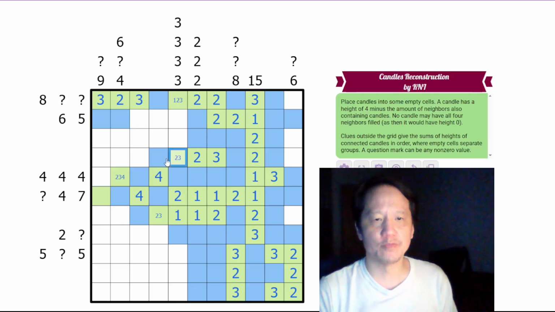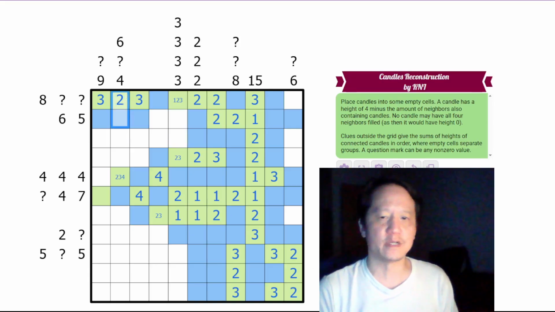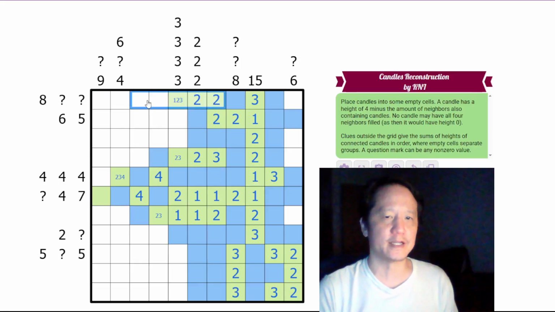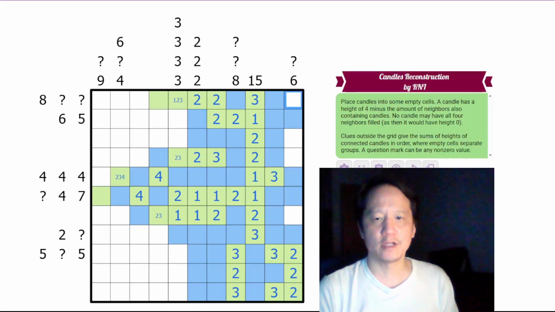This would have to be blue because it has to have 2 neighbors only without, and then this would be blue, but this doesn't add up to 6 anymore. So this cannot be the one, so therefore this must be the one that's adding up to 8. Therefore, it has to continue on here. So this is green, this has to be green, which makes these all blue.